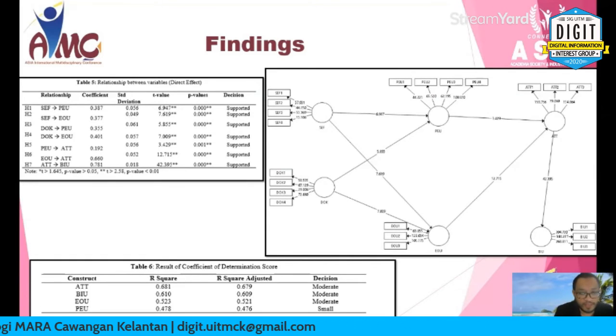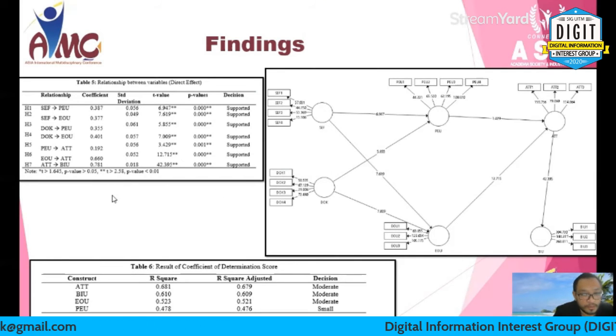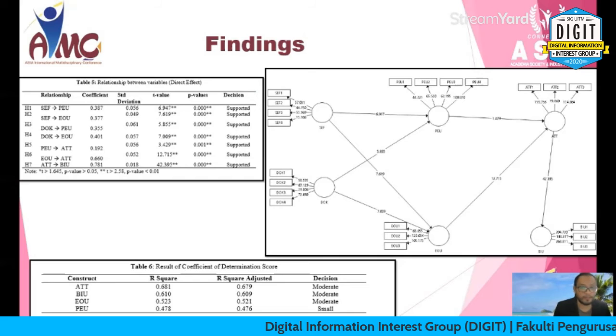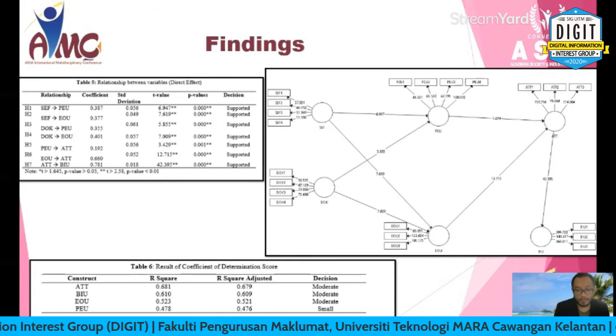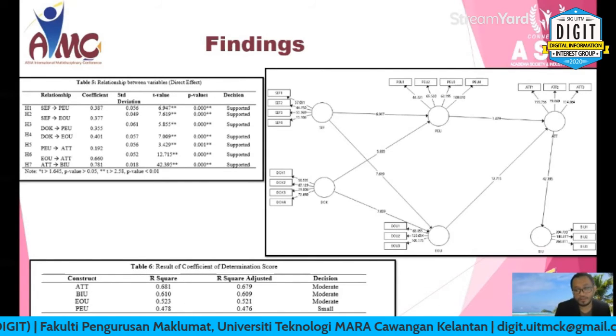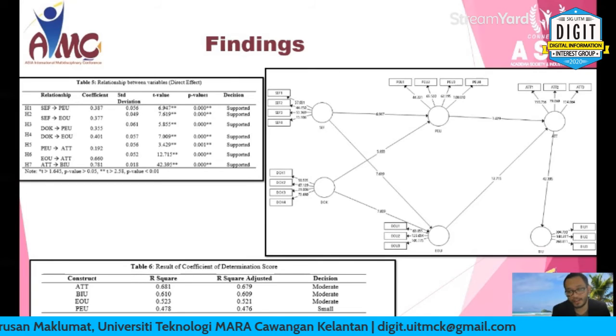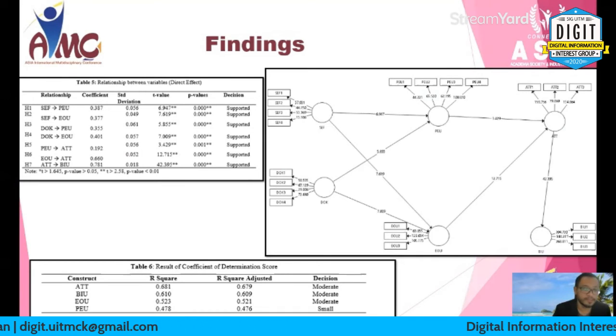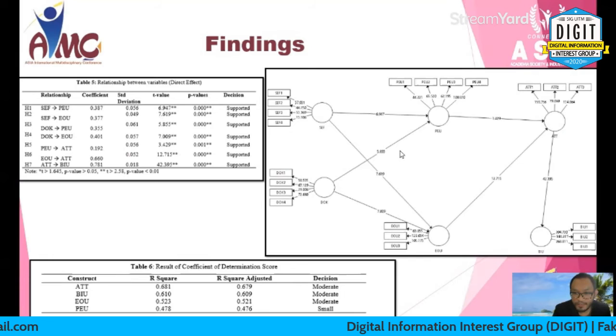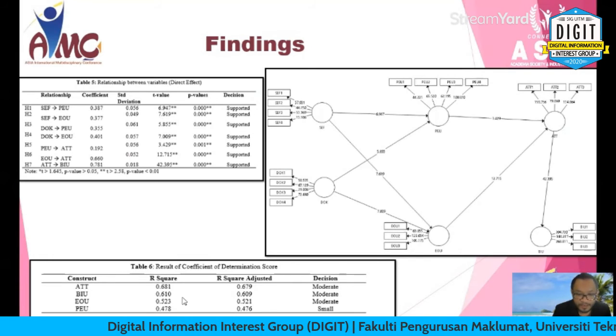All the t values are greater than 2.58, while the p values are less than 0.01, indicating that this model is capable of predicting user behavior intention to use ODL, especially in the context of the pandemic.